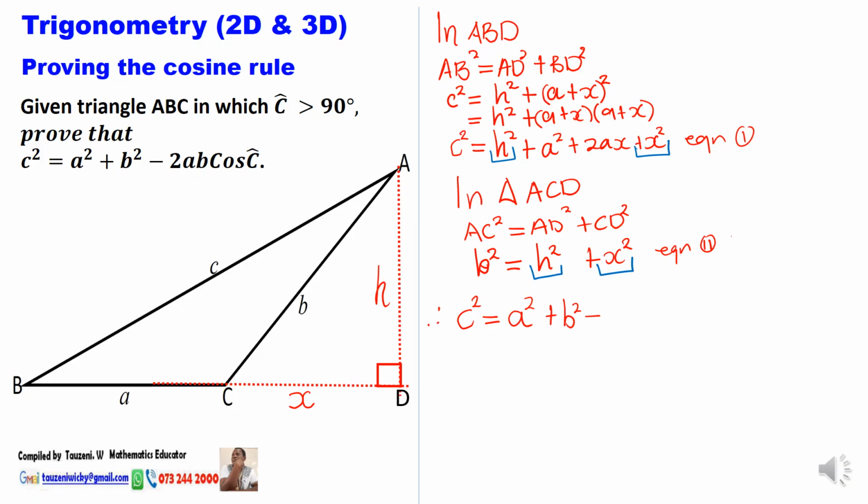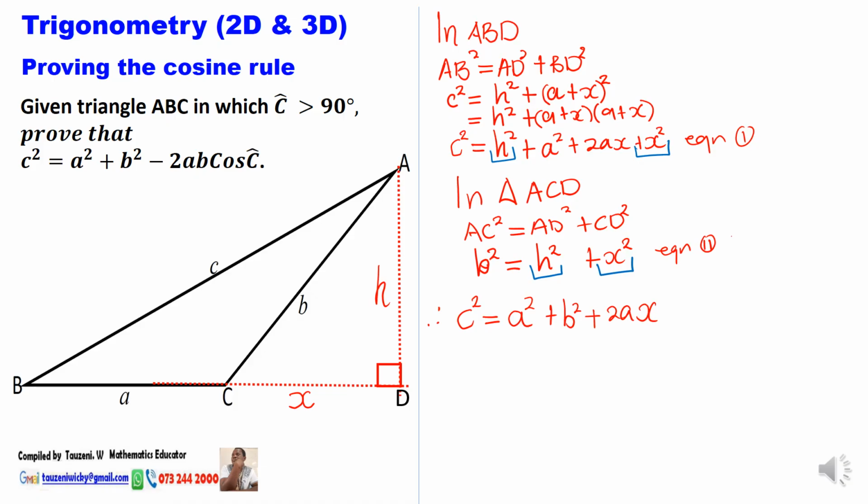So in equation 1, we're going to remove h squared and x squared and replace both of them with b squared. Our first equation now becomes c squared is equal to a squared plus b squared plus 2ax. That is now how our equation looks after substituting h squared and x squared with b squared.